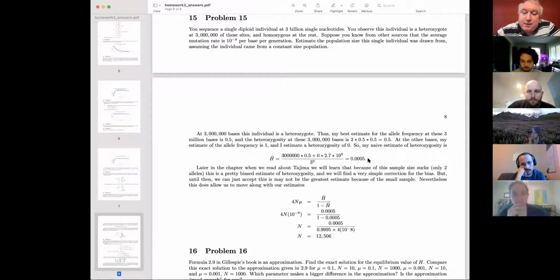If I hadn't divided by 3 billion at the end, I would have gotten an estimate of genome-wide heterozygosity as that number times 3 billion. Or per site, that number divided by 3 billion. Questions?